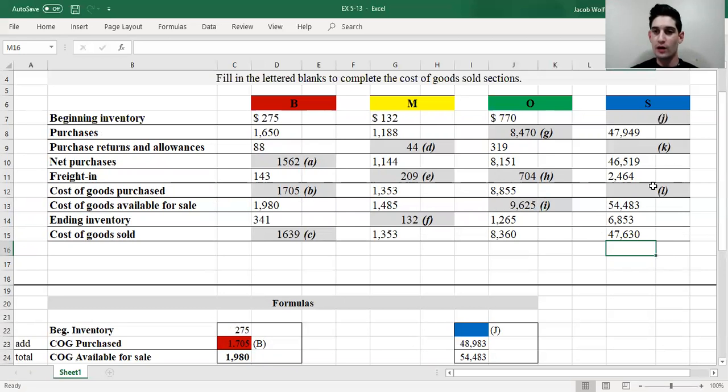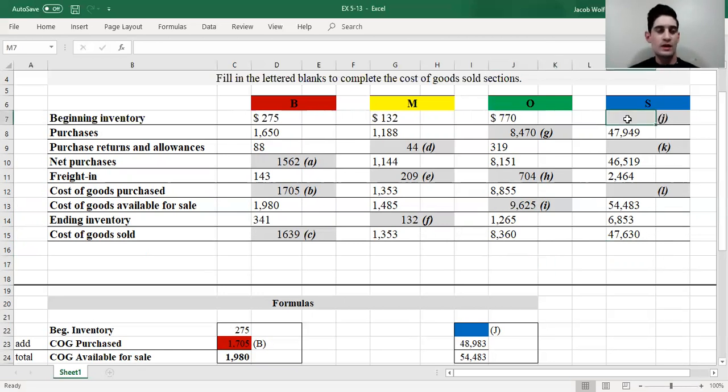All right, and here we are on the last one, company S. I think the only one that we haven't solved for yet is beginning inventory. For some reason, I remember this one being kind of weird to solve for.